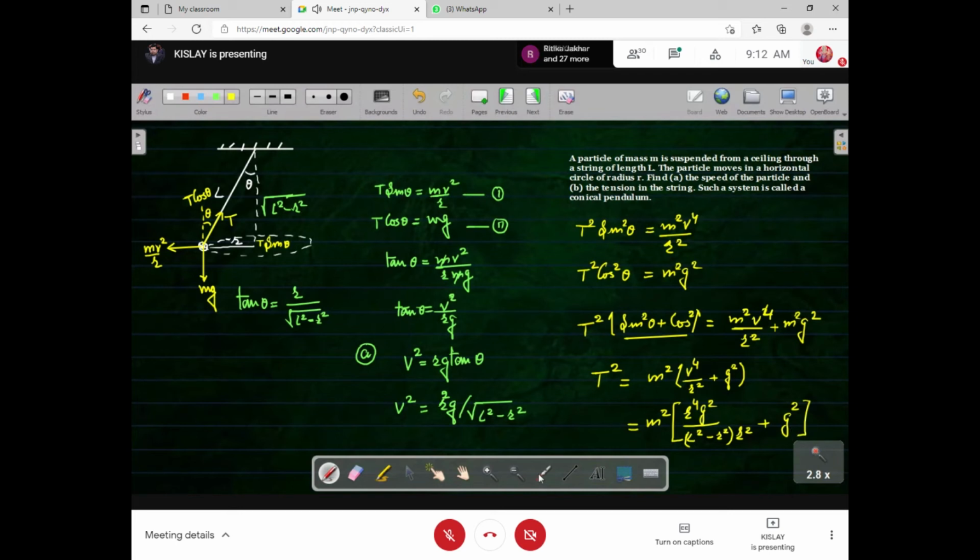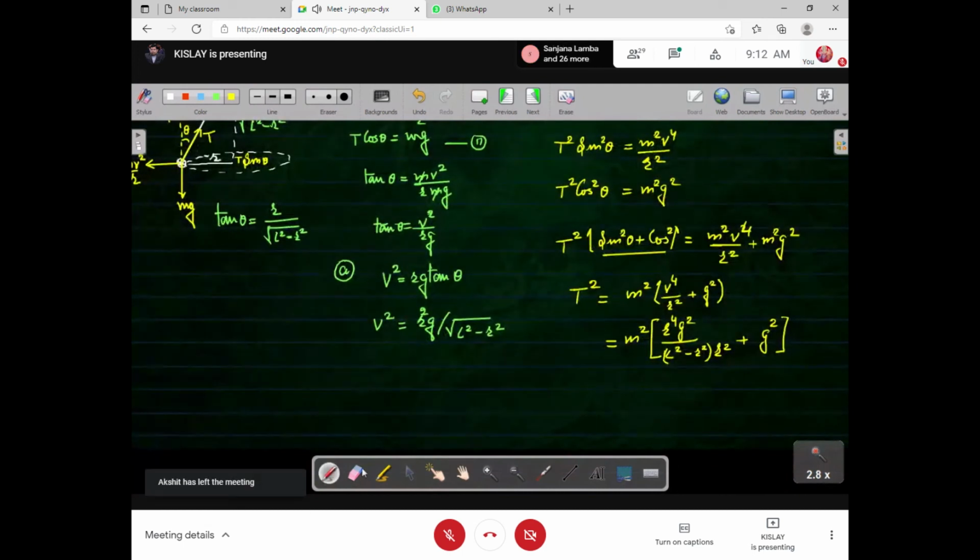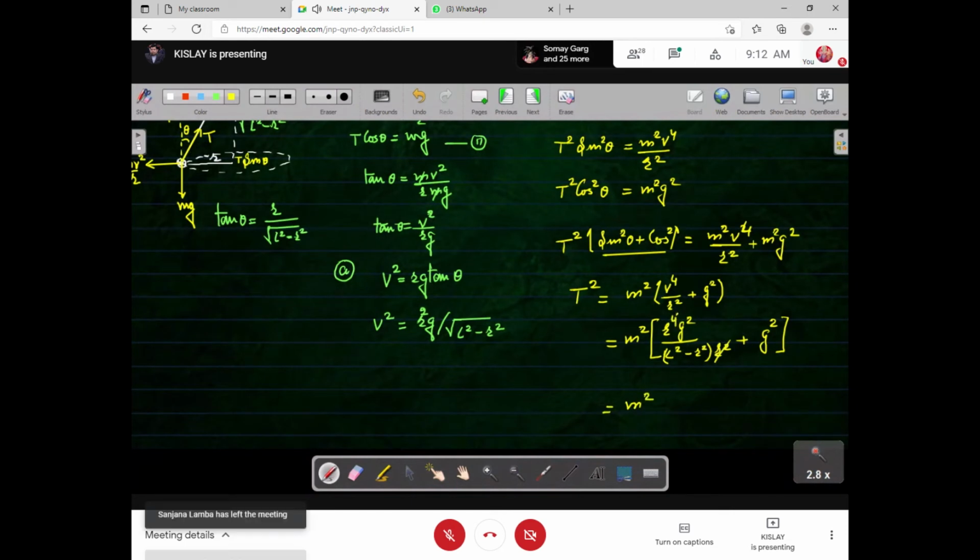It appears a little bit complex, but it is not complex. Just be cool and do the calculation. Now it is m square, r will cancel out, here 2 remain. This can be written as g square, which can also be taken as common, and now it is r square upon under root L square minus r square, plus 1.